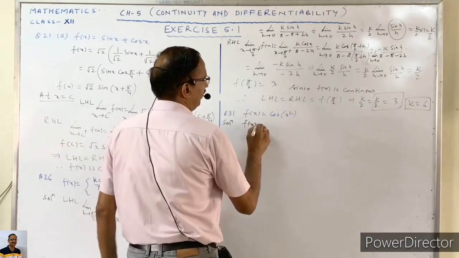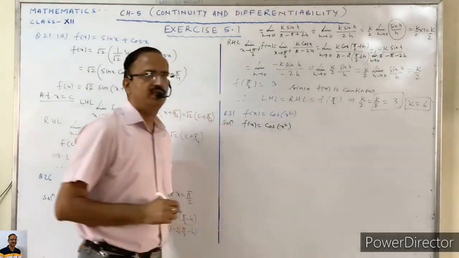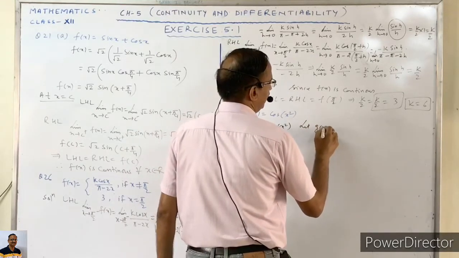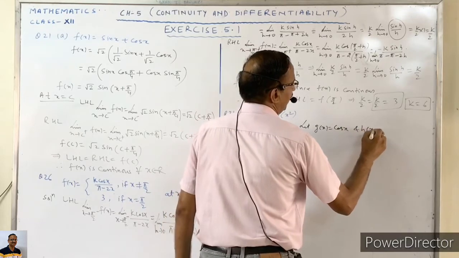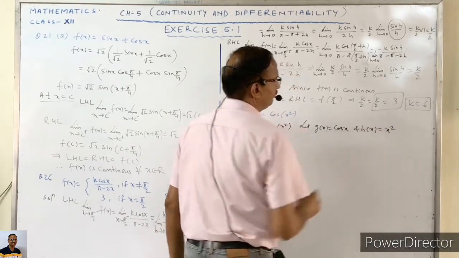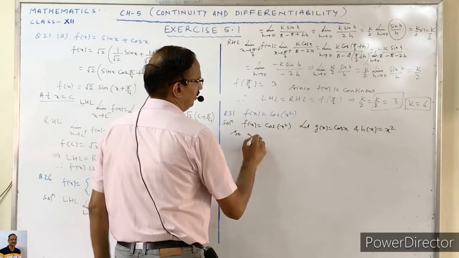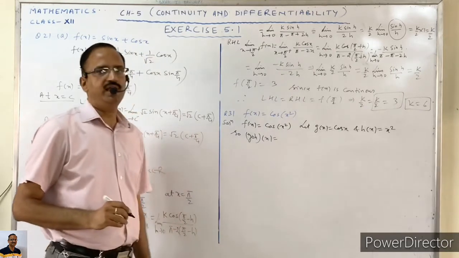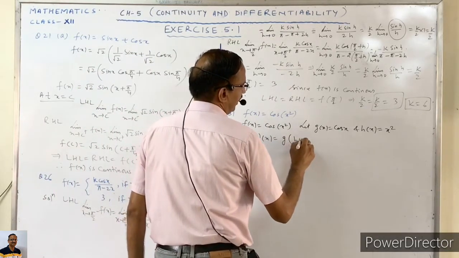This f(x) is cos x square. Let g(x) is cos x and h(x) is x square. So g o h of x can be written as g of h(x).